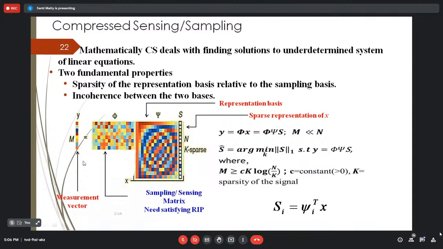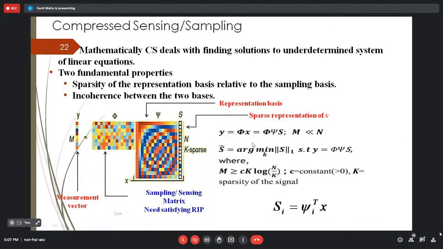Now your concern is, can I go back from here to here? It's an underdetermined problem. If you multiply the inverse of this with that, whatever S you get is not unique. There are many S, and what you need to do is a constrained optimization problem.